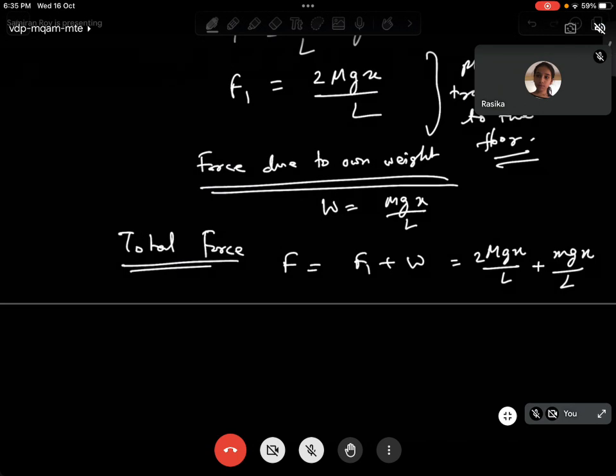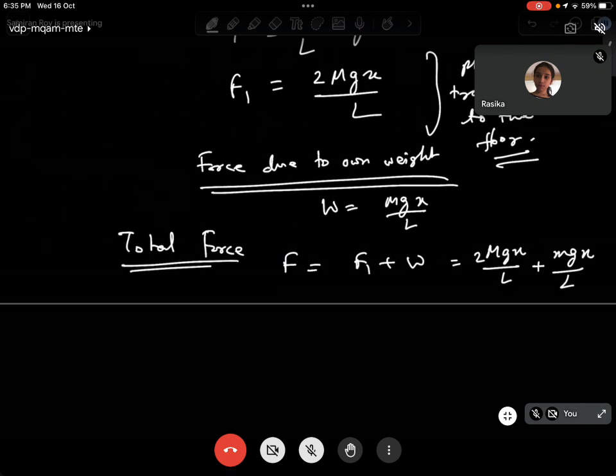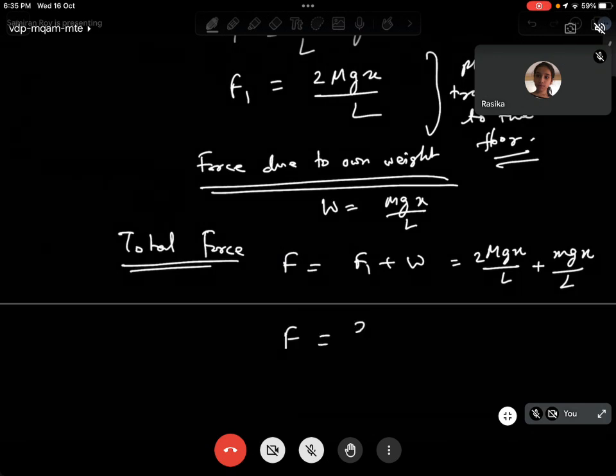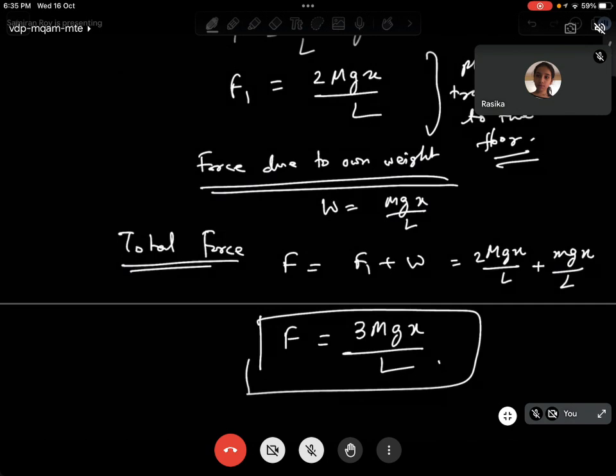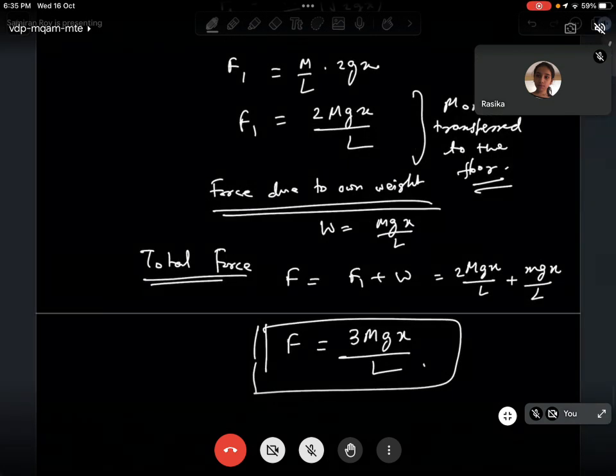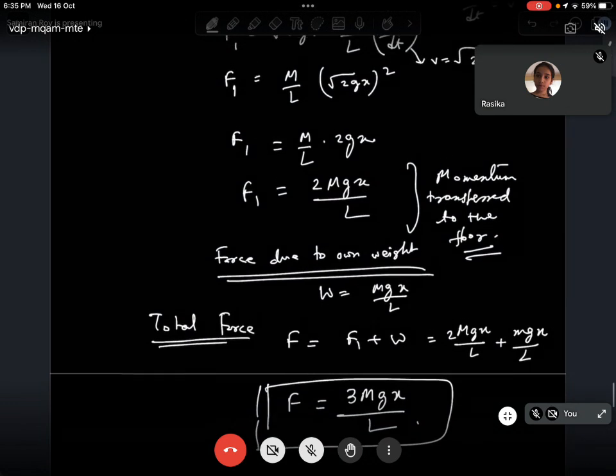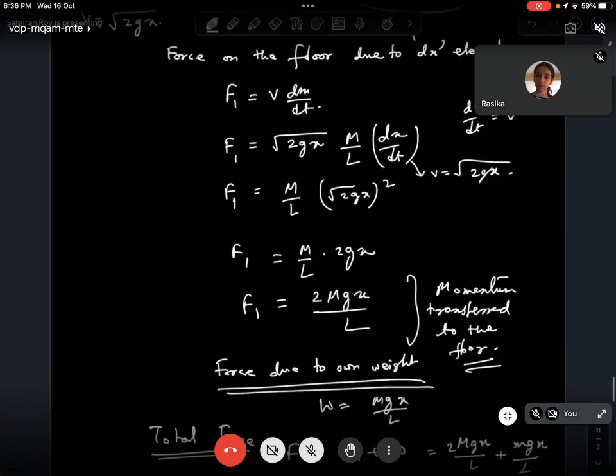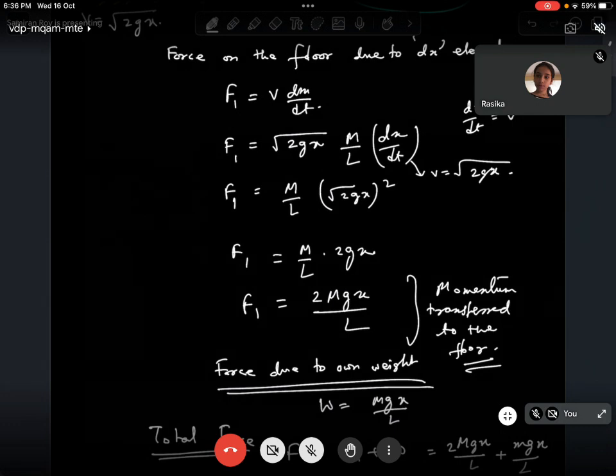If totally the full length L has fallen, you have to take x equal to L. So F equals 3Mg x by L, and the net force will be 3Mg when fully fallen. Clear?